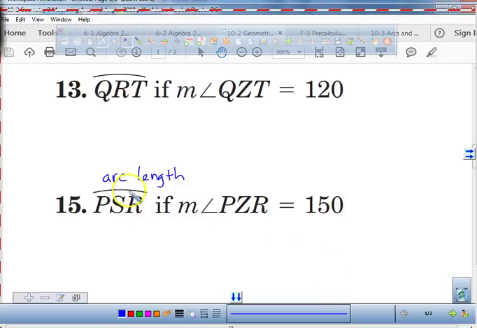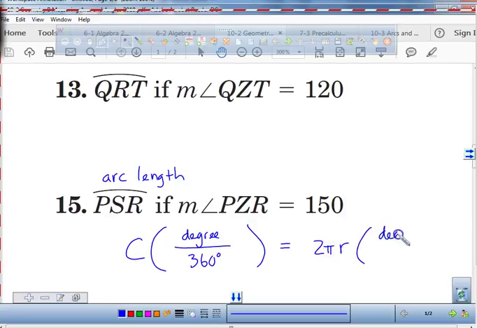So right now, we need to find that arc length. Does anybody know the formula for arc length? Go ahead. Circumference times the degree of the arc, divided by 360. So that formula would be 2 times pi times r times the degree that we are searching for out of 360 degrees.